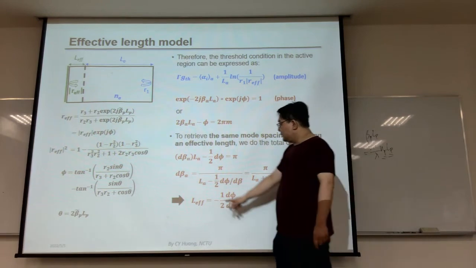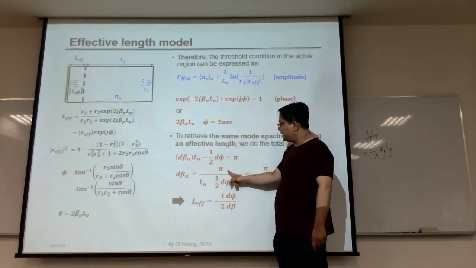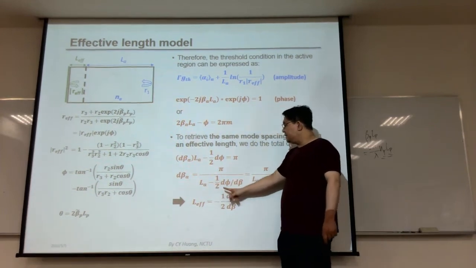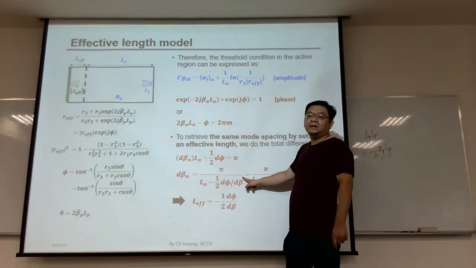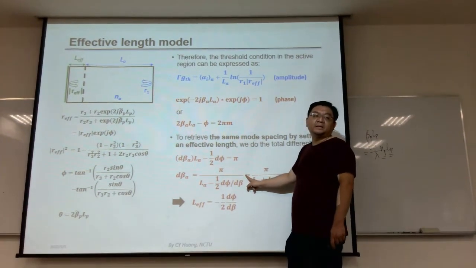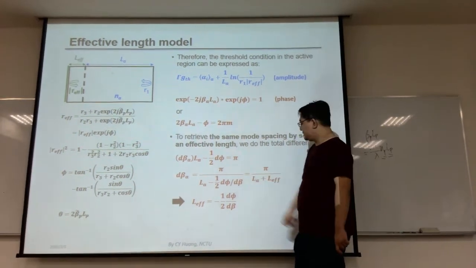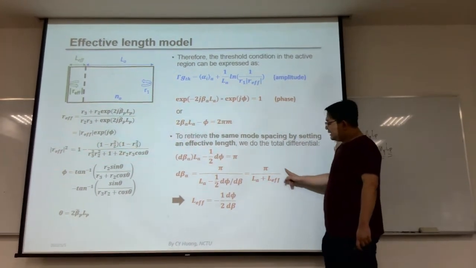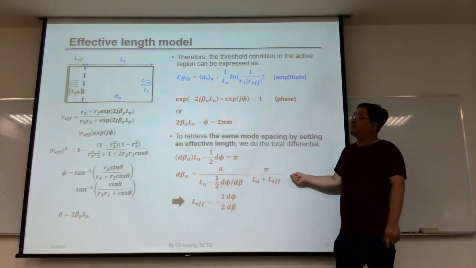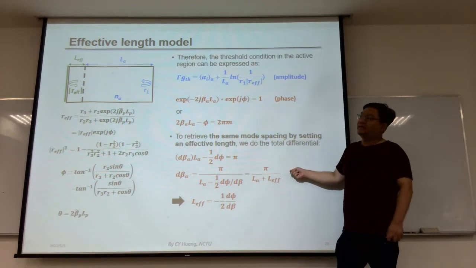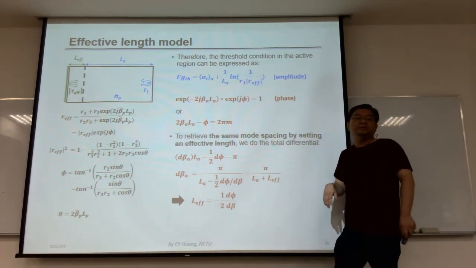After rearrangement, d beta will be pi divided by LA minus one half d theta over d beta. Beta is the wave vector for the specific wavelength, and it should be in the same form if we consider it as a real length.